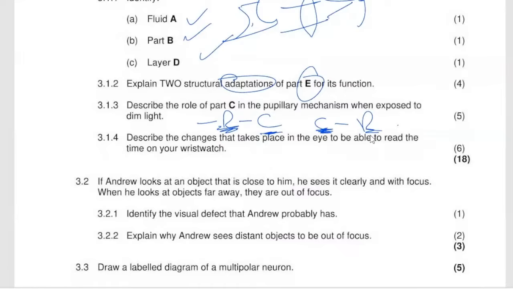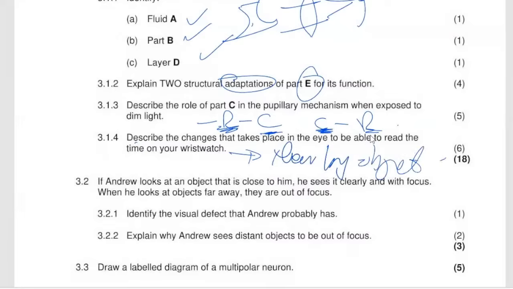Then we go to describe the changes that take place in the eye to be able to read the time on the watch which is put on the hand. In this case, the wristwatch is less than 6 meters, so this is a nearby object.